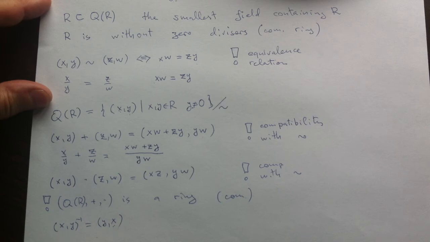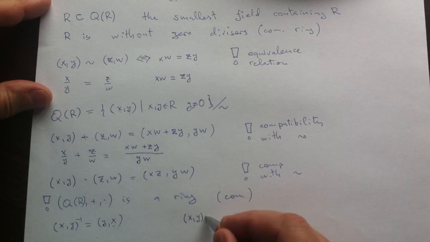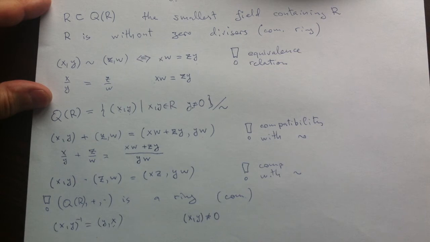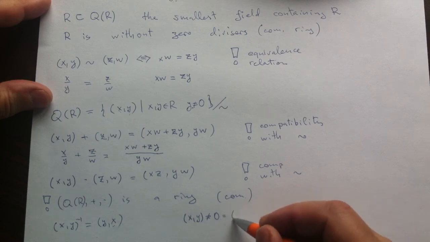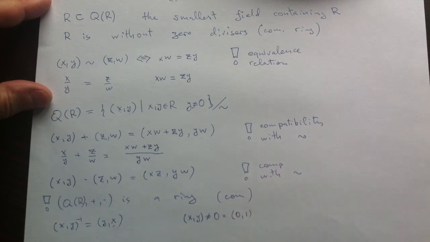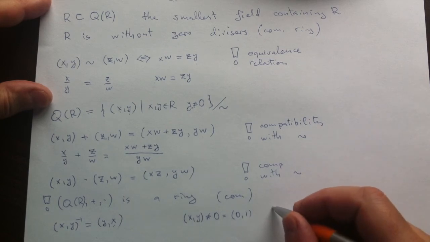But that is, of course, automatic, because only non-zero elements are invertible, so that should not be the zero element in the ring of rational numbers from R. And of course this means that this is not, say, equal to (0, 1), because that would be the code for the zero element. You can check it by verifying that that works as a zero element for this addition. So everything is in order, that becomes a field.